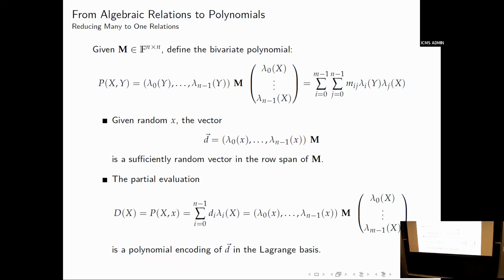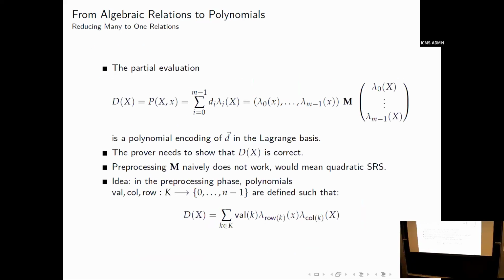This is actually too complicated, but the important idea to keep from here is that you want to prove that this is a correct randomized vector. So it's the encoding of a randomized vector on the row space of the matrix.